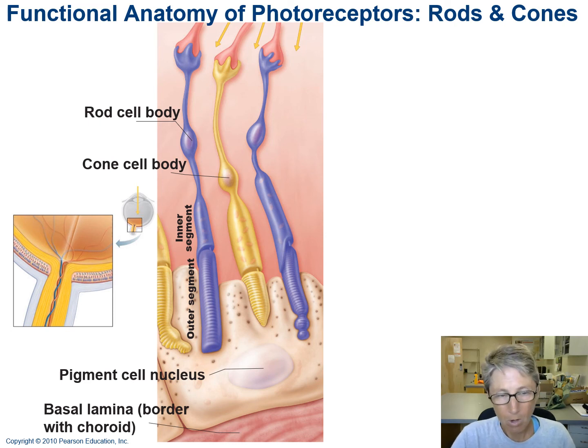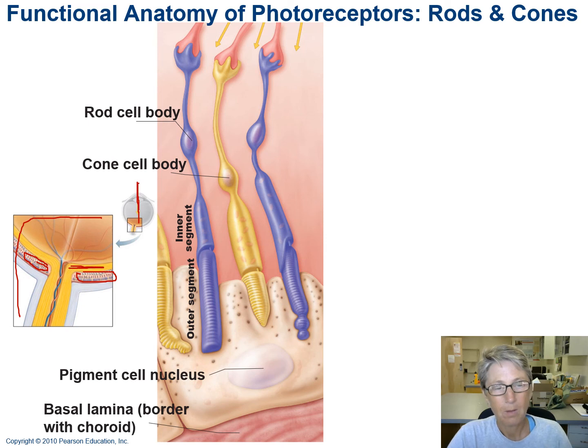So here's our cartoon of light coming in to the eye, traveling through all those barriers to get back here to the retina, and then they enlarge the cartoon. This layer here, this is all retina. And then these yellow things are the axons of the ganglion cells that will travel in the optic nerve.